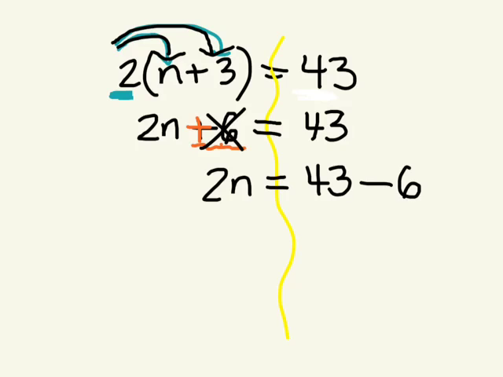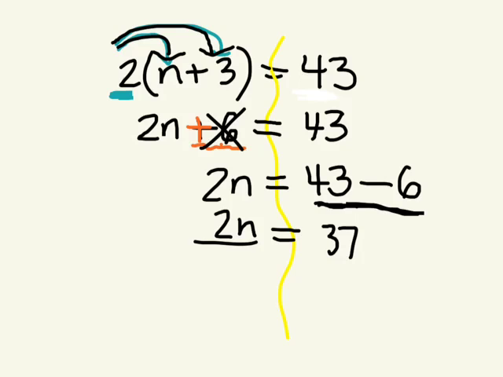So now we can simplify this part of the equation. What's 43 take away 6? 43 take away 6 is 37. So we've simplified the right side. We still have our 2n on the left side. Now what do I have to do to isolate my n?